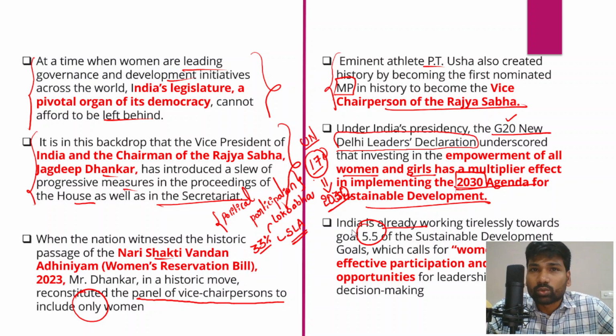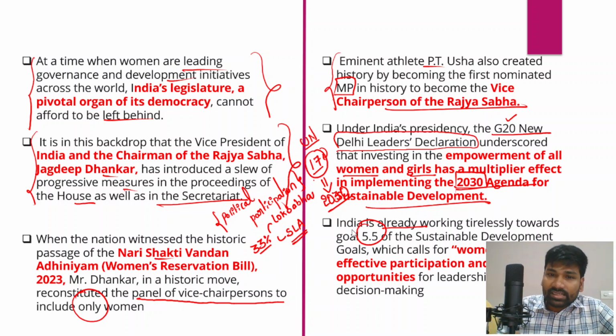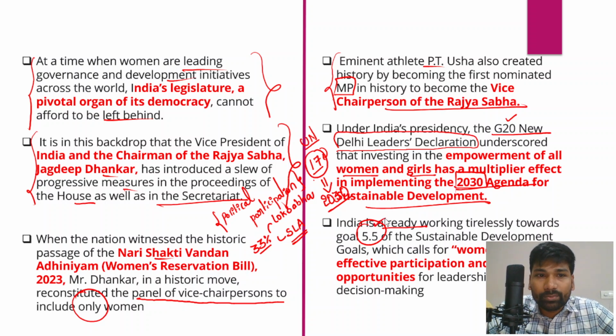That is how questions are asked. So India is already working tirelessly to achieve Goal 5.5 of the SDGs, and this goal calls for women's full and effective participation and equal opportunities for leadership at all levels of decision making.